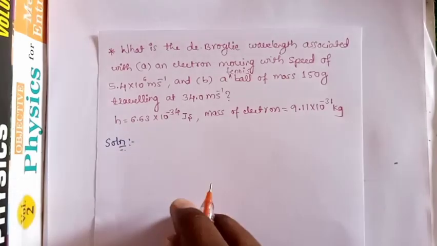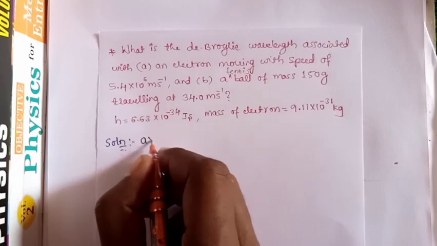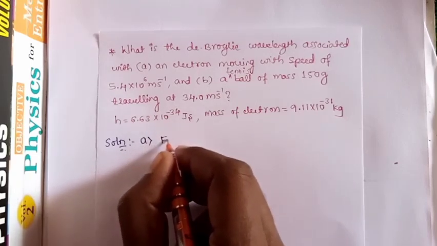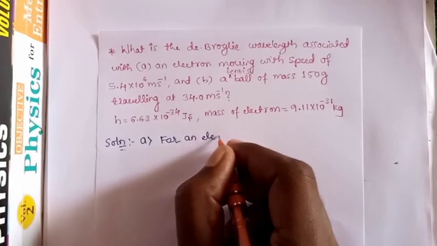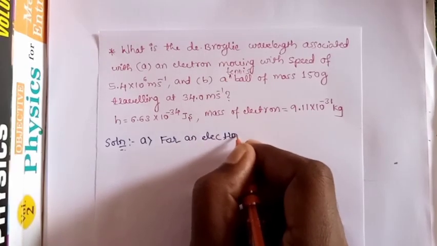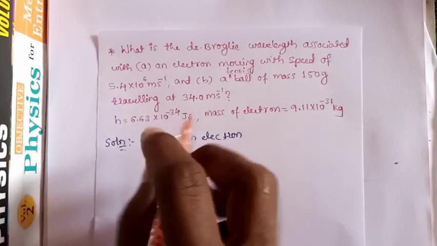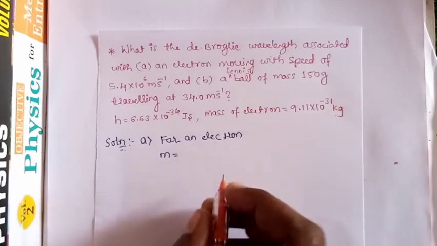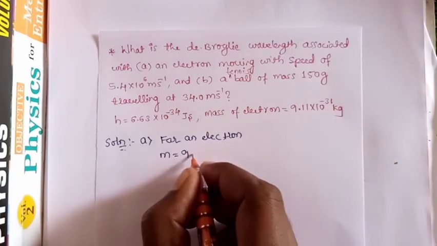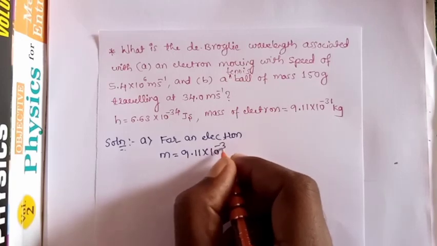So first we are going to write the given values. First one, given electron. For an electron, what is the mass of the electron? That is m = 9.11 × 10^-31 kg.